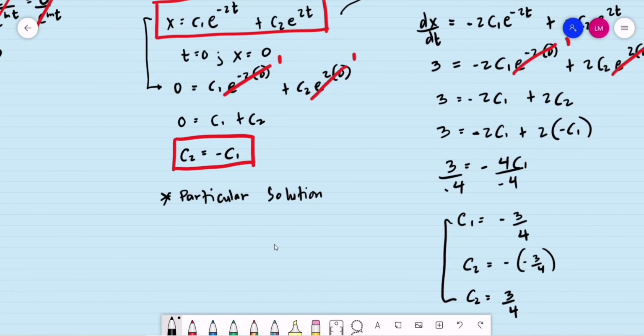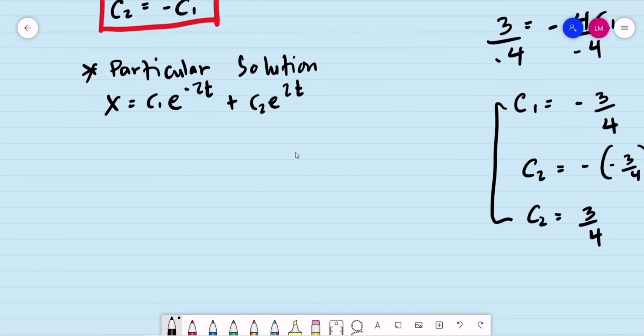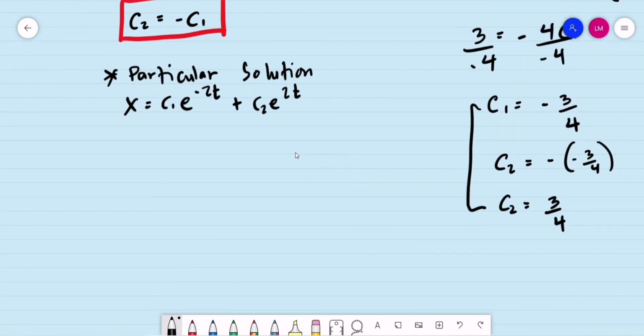So for the particular solution, from our general solution, x equal to c1 e raised to negative 2t plus c2 e raised to 2t, we are now to substitute the value of the arbitrary constants. This is x is equal to c1. What's the value of c1?